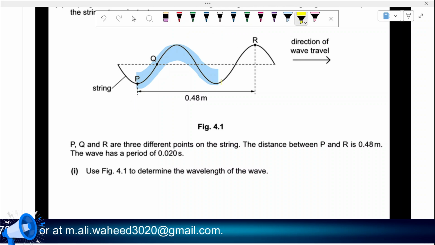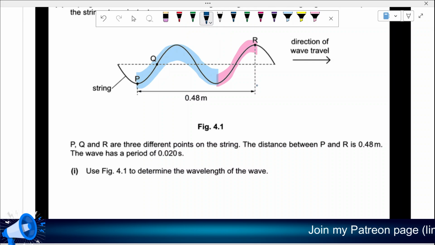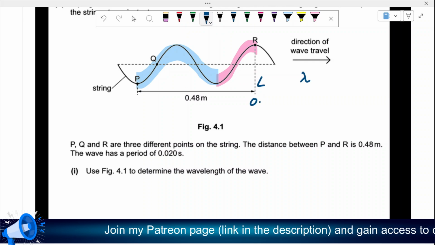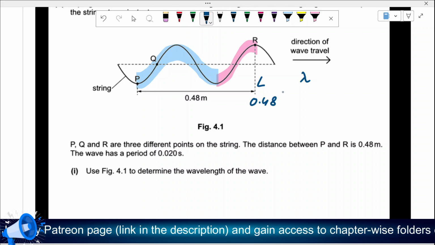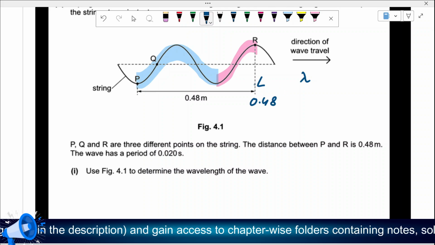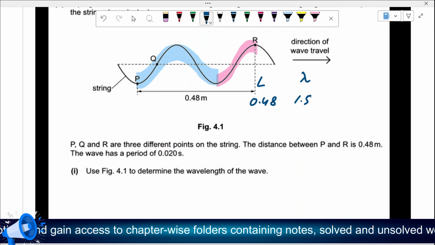But we have some extra part of the wave, which is from here till here. So in the length of 0.48, how many wave cycles do we have? We have 1.5.